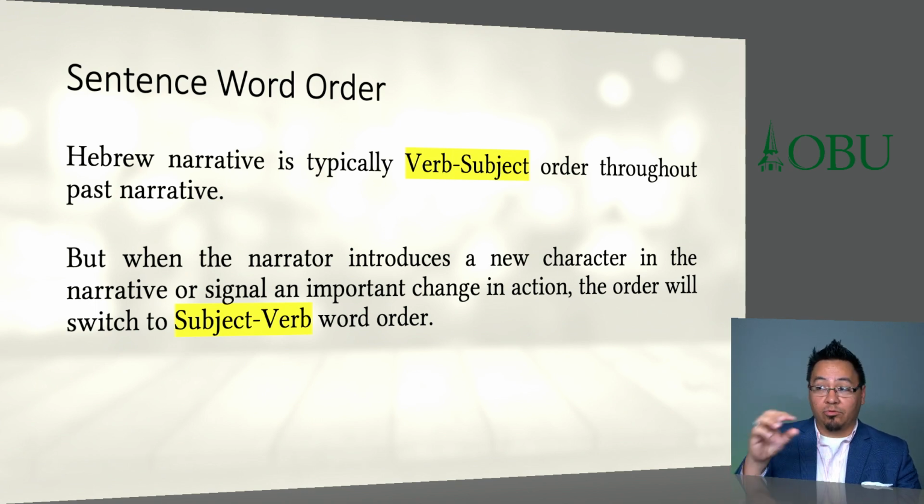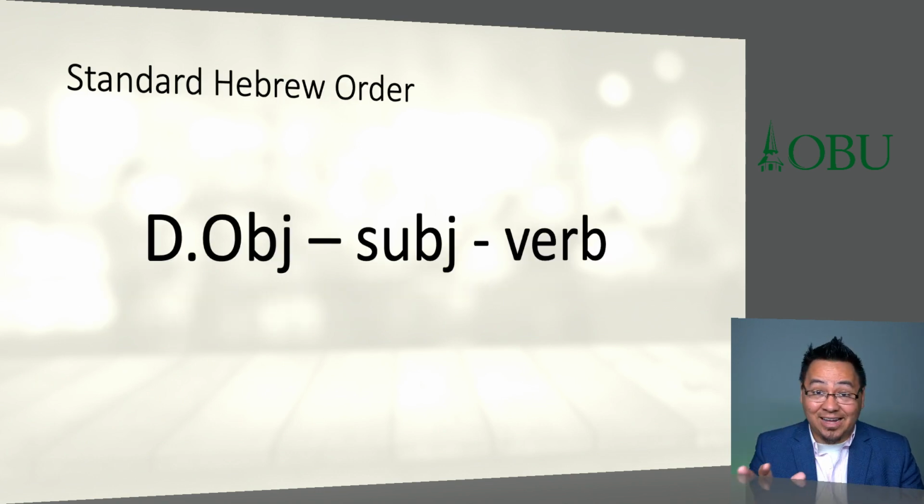When Hebrew breaks the norm, as in any language, when grammar is broken, it is because the author of that particular verse or sentence is making a point. So let's consider some of these options. So this is standard Hebrew order. You'll have a verb followed by the subject, the one doing the verb, followed by the direct object, the one receiving the action of the verb.